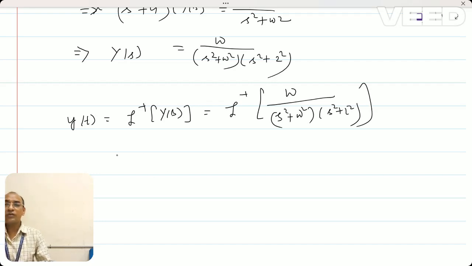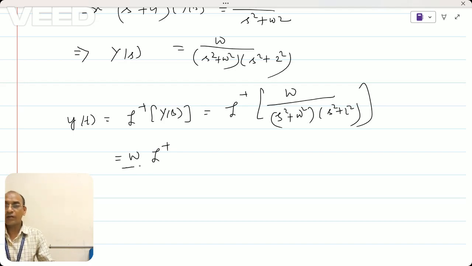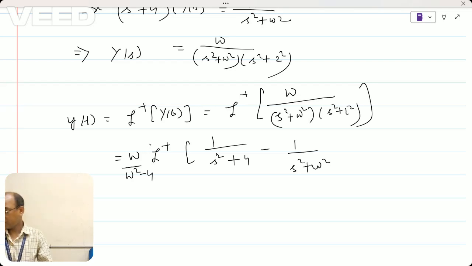If we simplify it, we can get L inverse with omega outside. Simplifying, I will get omega square minus 4, and the remaining thing will be 1 by s square plus 4 minus 1 by s square plus omega square.